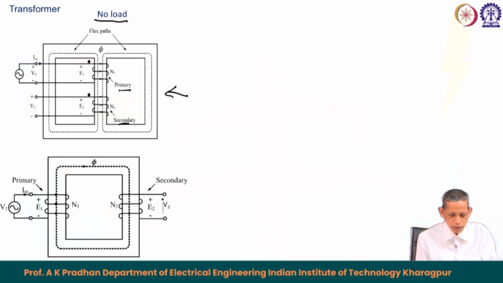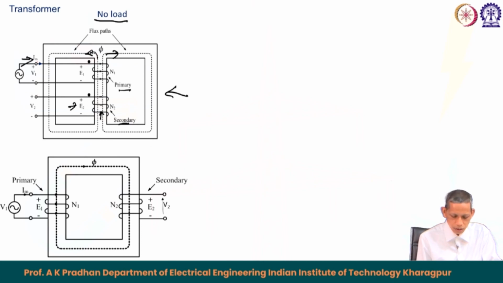The primary winding is energized with a voltage V 1, and it has a magnetizing current, and this magnetizing current results in flux in the core, which goes through this path and then divides into two. This flux links to the second coil, and then we get the induced EMF here.